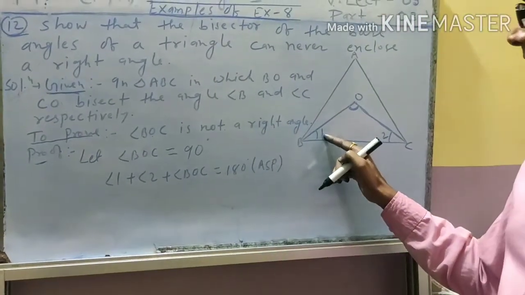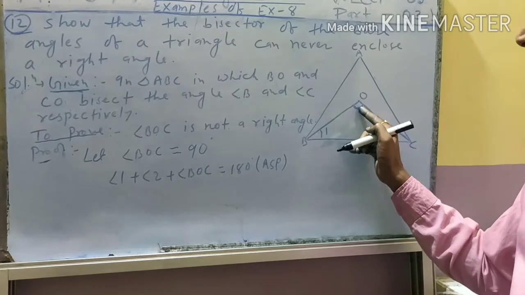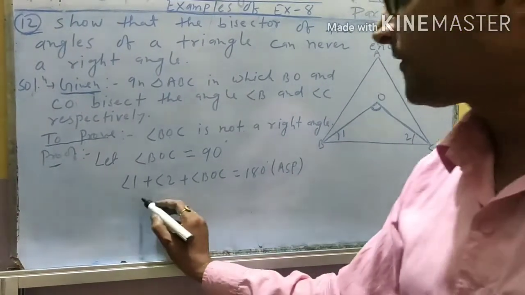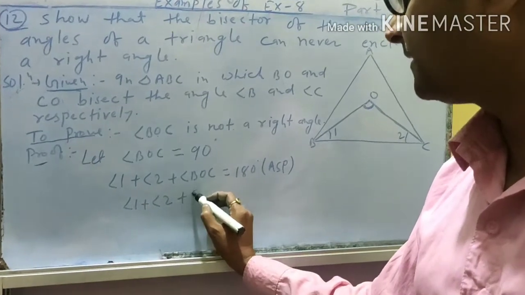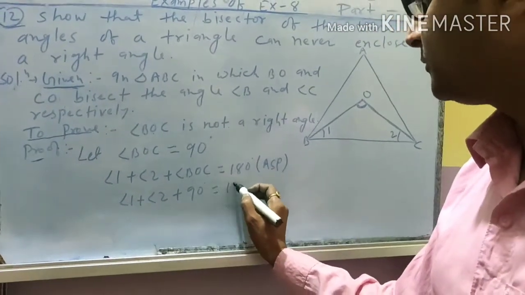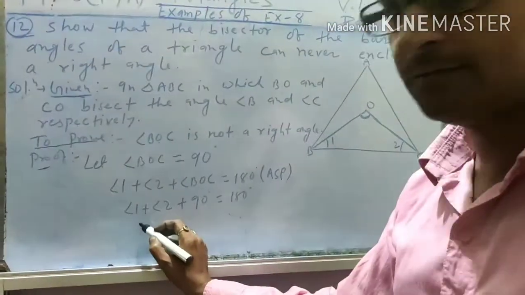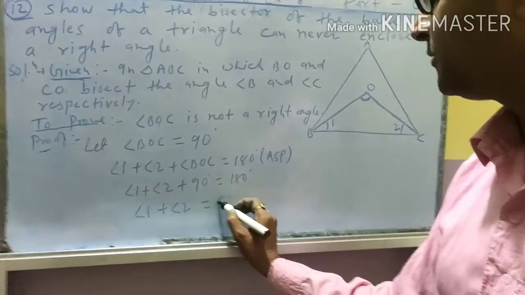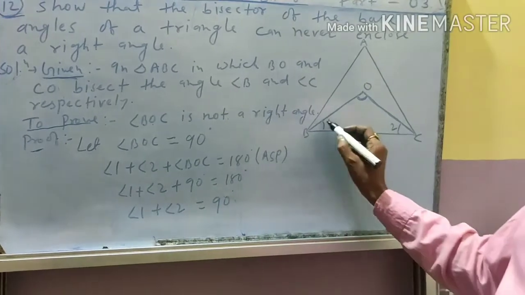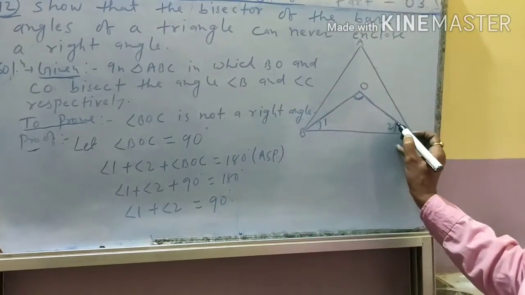Here angle 1 plus angle 2 plus 90 degrees is equal to 180 degrees. So angle 1 plus angle 2 is equal to 90 degrees.